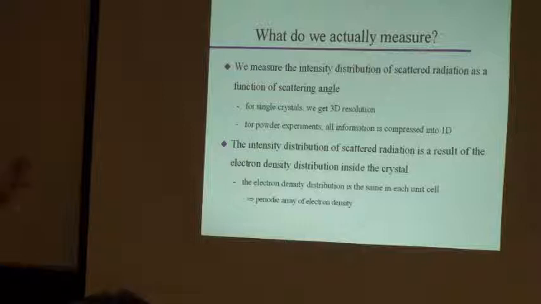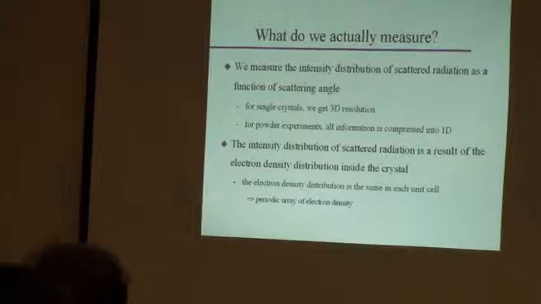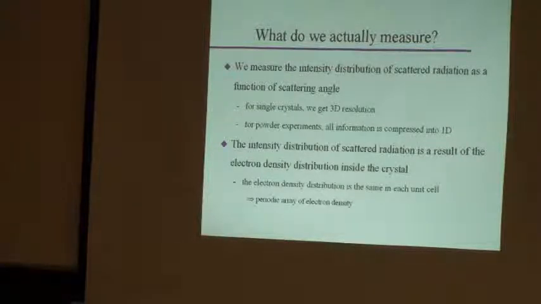So it's not a simple relationship, but the two of them are intimately related. And of course that means that if we can go back from this intensity distribution to figuring out what that electron density distribution in the crystal is, and we know it's a periodic array, we can figure out what the unit cell looks like. And that is what we are really after when we do our diffraction experiments.